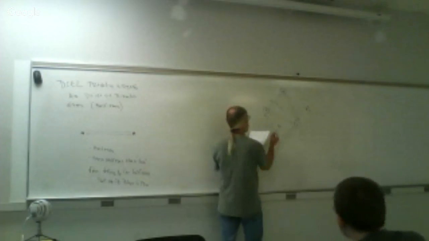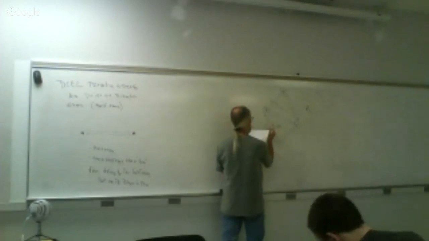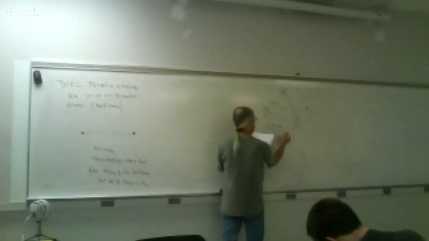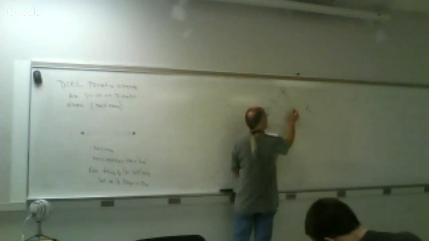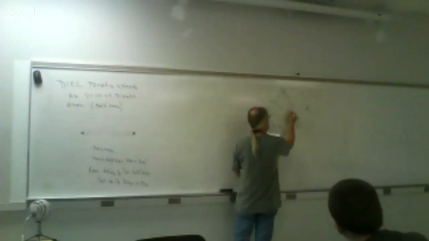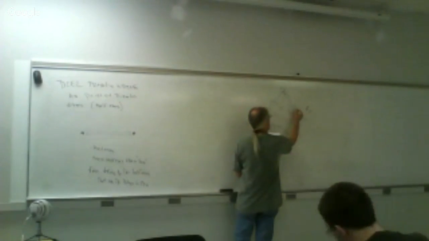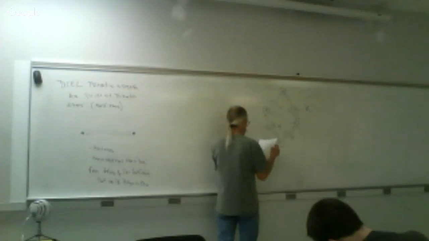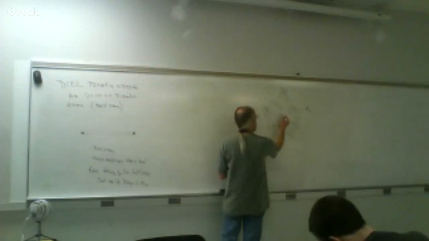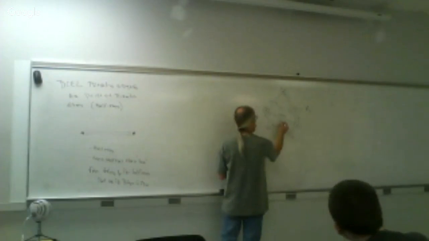So this is E21 and E22, E31 and E32. This is E41 and E42. And then the one that goes the diagonal here is 5. So this is E51, E52.